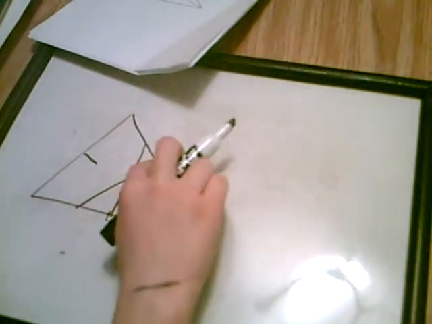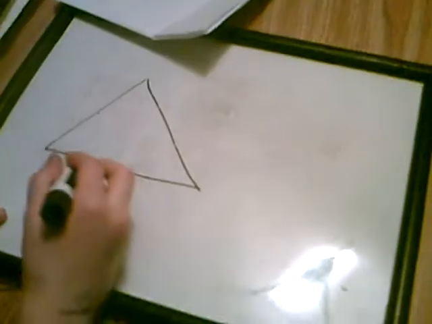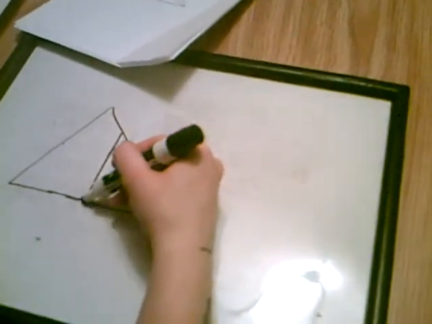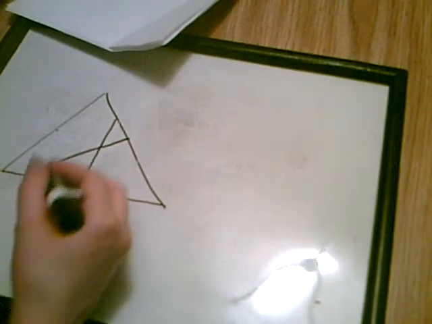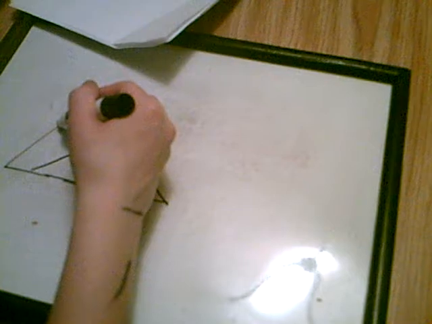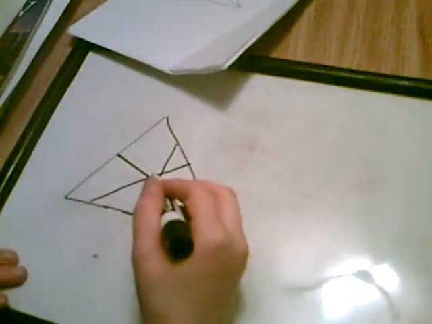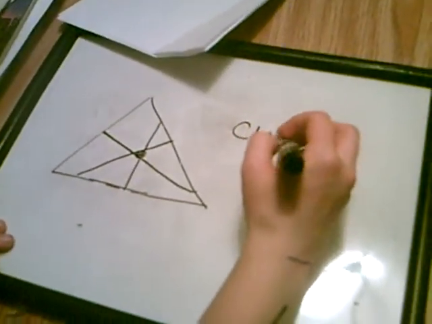Oops, I did this wrong. It doesn't look very good. I'm going to try this again. Alright, that should be close. That might be close. This is not close. Okay, if I had done it right, they should intersect at a point, which would be called the circumcenter.